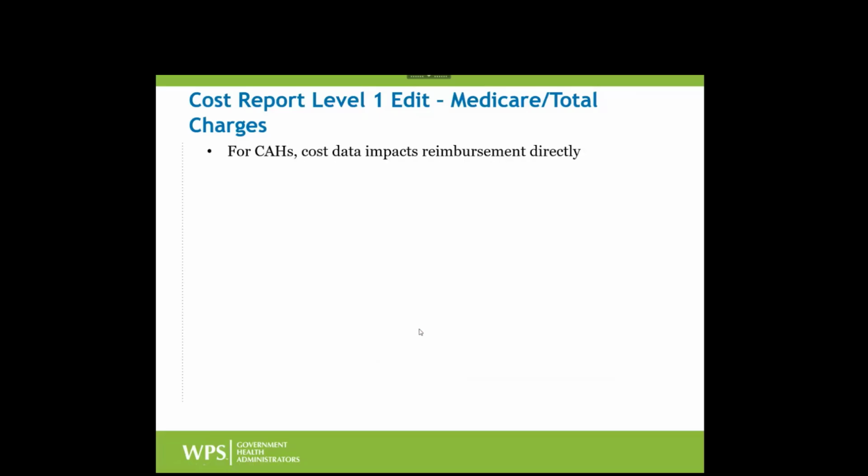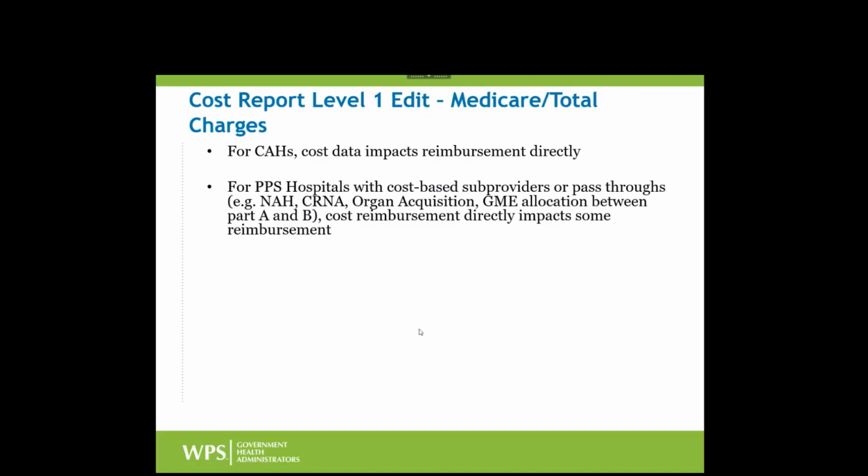Same thing. Now, to wrap up this whole cost report discussion, I want to really focus on the importance of data. Some of this stuff might not seem important to providers, and it might not seem important to auditors as well, depending on the type of hospital you're dealing with. For example, for critical access hospitals, it's extremely important. All those things matter. Everything we do in worksheet A through D is going to impact your cost reimbursement.